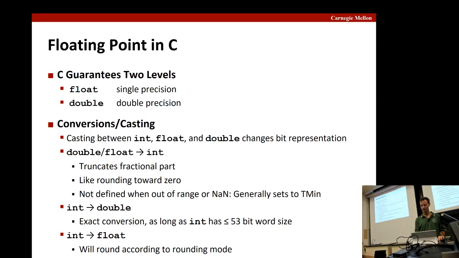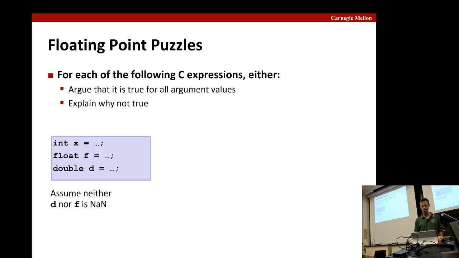So in this particular case, it's a 53-bit word size or less. So like if you had 32-bit integers, then you don't lose any precision converting to double. Okay, there's enough bits there in the representation to cover all the integers. And for float, where you often don't have enough bits, it will just do the rounding. Okay, so given that in mind, let's do a few puzzles.